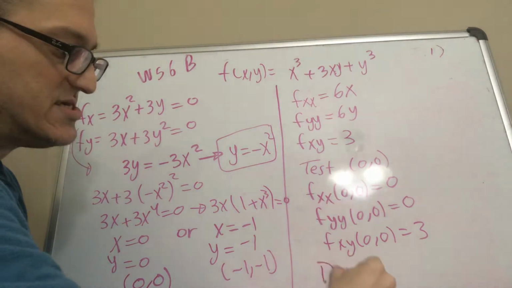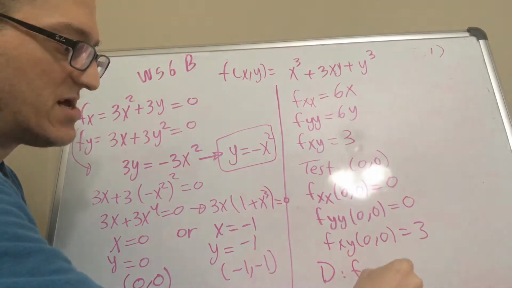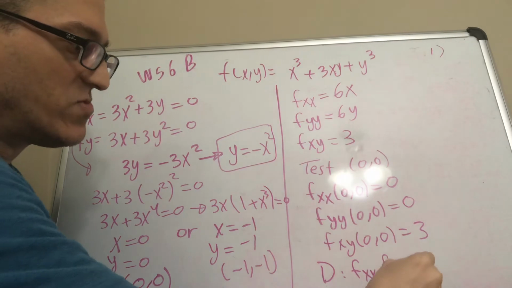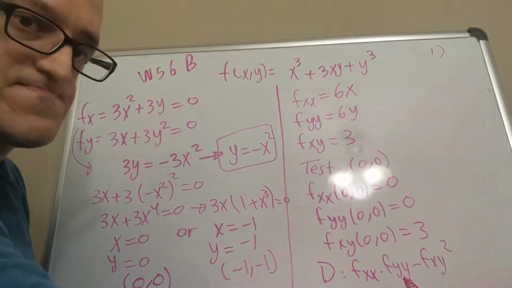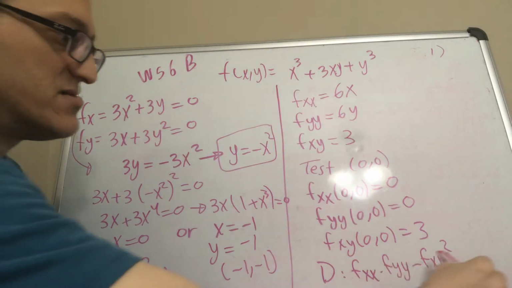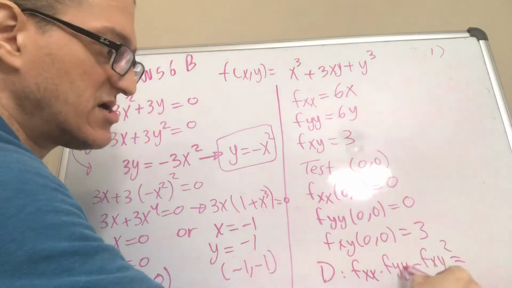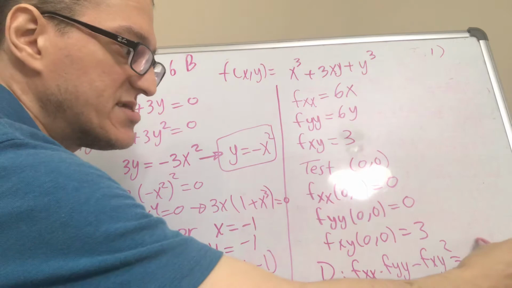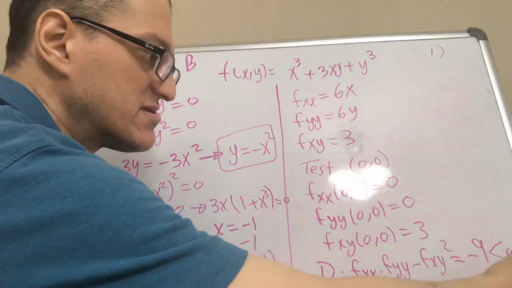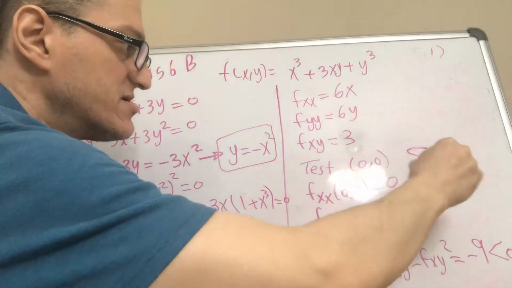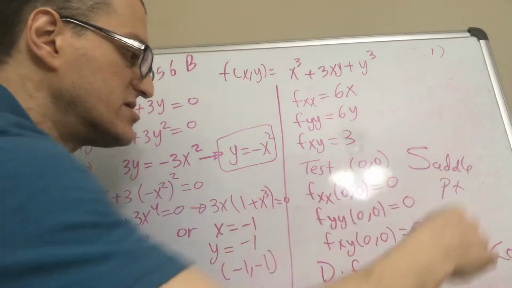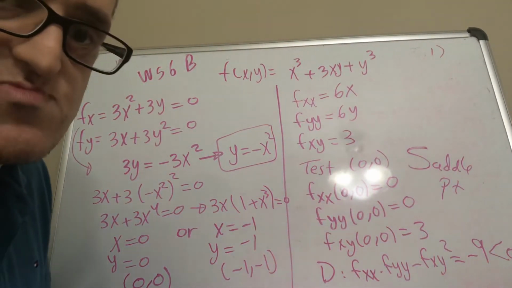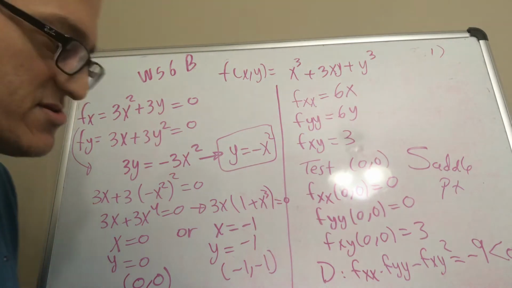I do the D, where it's fxx times fyy minus fxy squared. That would be 0 times 0 minus 3 squared, that will be negative 9, that's less than 0. This point is a saddle point. I told you when D is negative, it's a saddle point and you don't need to do anything special.